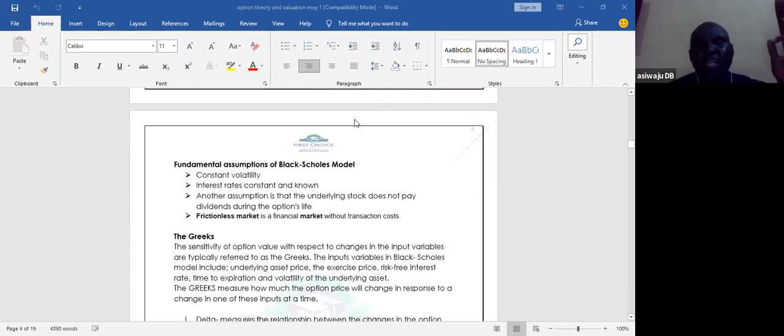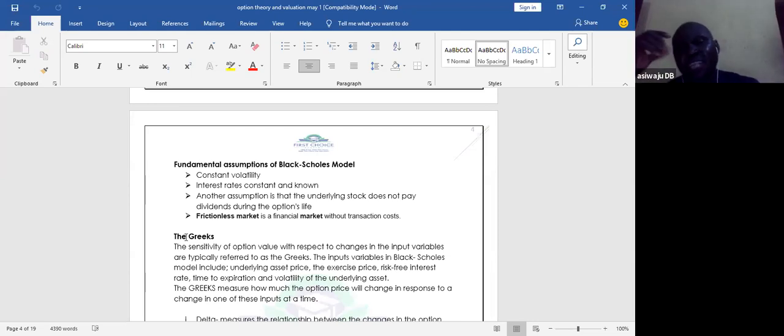Now let me quickly take the Greeks. Before I go into questions, the Greeks is the sensitivity of option value with respect to changes in the input variables.